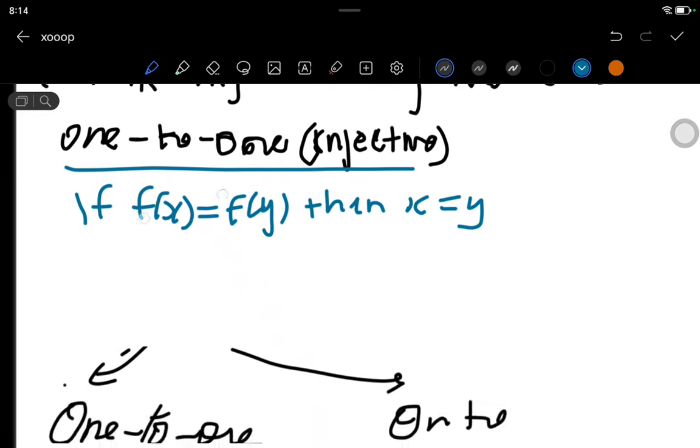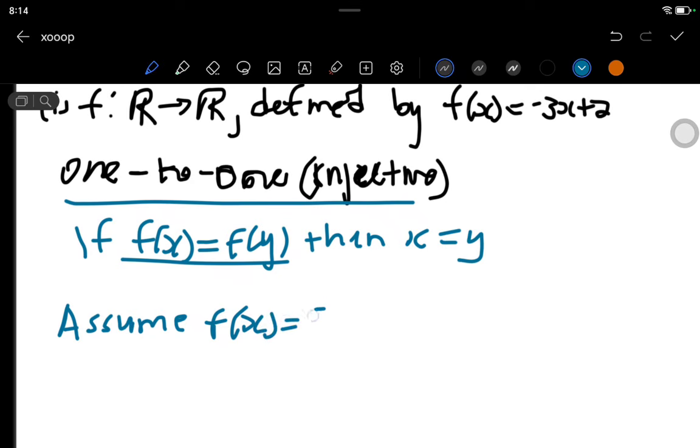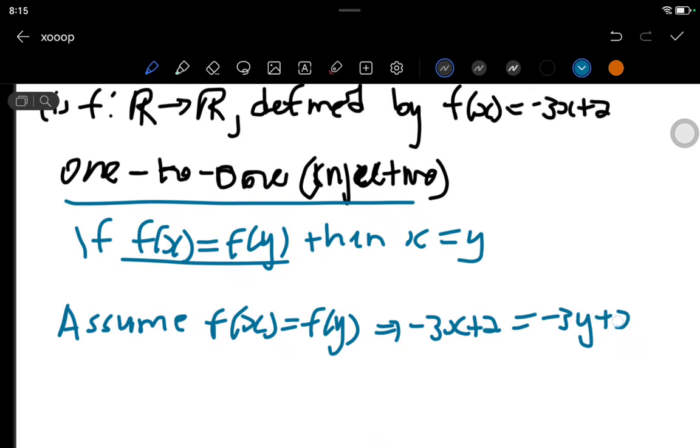So we are going to assume this, meaning that we assume f of x equals f of y, which implies minus 3x plus 2 equals minus 3y plus 2.